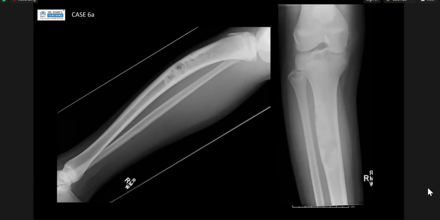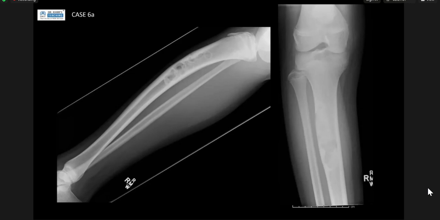It would be more tibial metaphyseal, distal tibial metaphyseal or proximally. I cannot think of a mixed sclerotic lytic lesion in a skeletally immature patient and child.